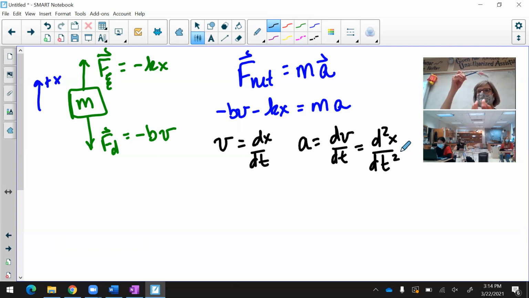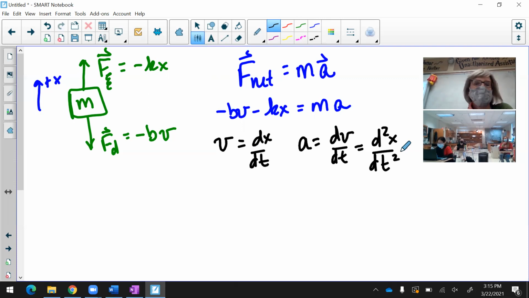If my mass is moving down, if my vane is moving down, then V is going to be in that direction. And the drag force is going to point up because it always opposes the motion. So the velocity is negative, but negative V is moving up. So that's what I was saying. X and V are going to be positive or negative depending on how the mass is moving, its position and its velocity, and it'll take care of itself.